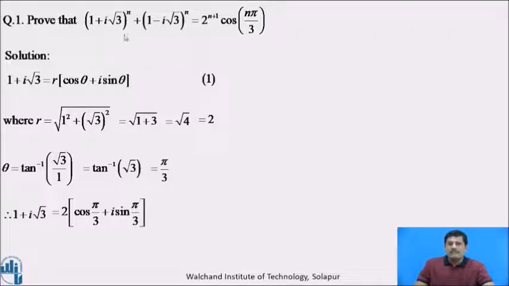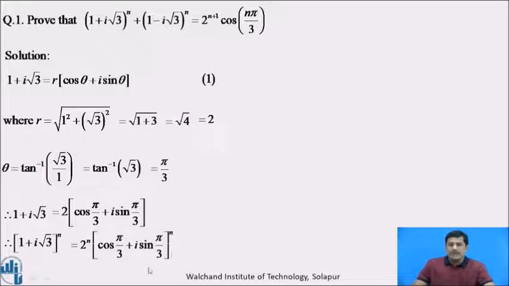If I look at the first number, it is (1 + i√3) raised to n. Now taking the nth power on both sides, using the identity (a·b)^n = a^n · b^n, we get 2^n into the second bracket raised to n.